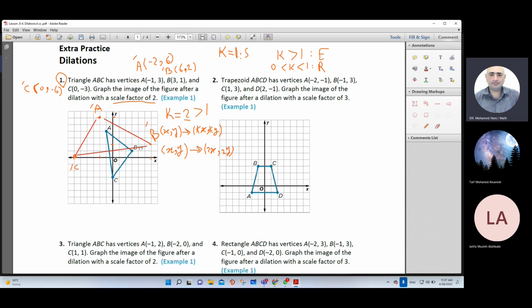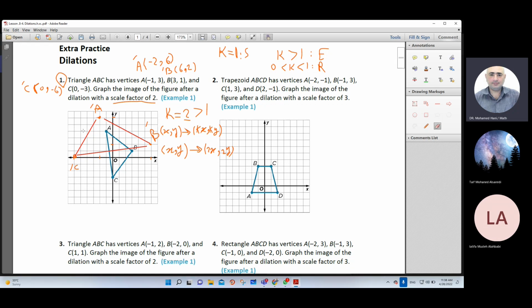So as you see, we have enlarged. We have the same shape, but we have enlarged. Sorry, but here (0, -6), not here, C prime.